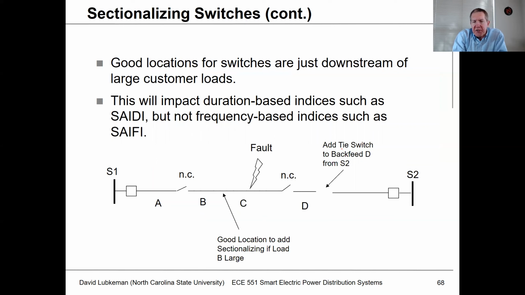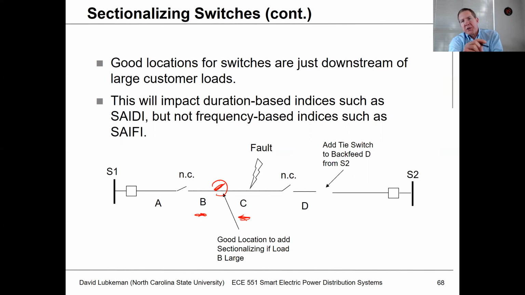As far as location for these switches, you can do this through reliability analysis, and usually it turns out that good locations for these switches are points where you have load that you want to protect from poor reliability. So let's suppose you've got a section of circuit and you have different loads on here, and you've got a lot of customers at location B and maybe not so many customers at location C. This would probably be a good location for a switch right here.